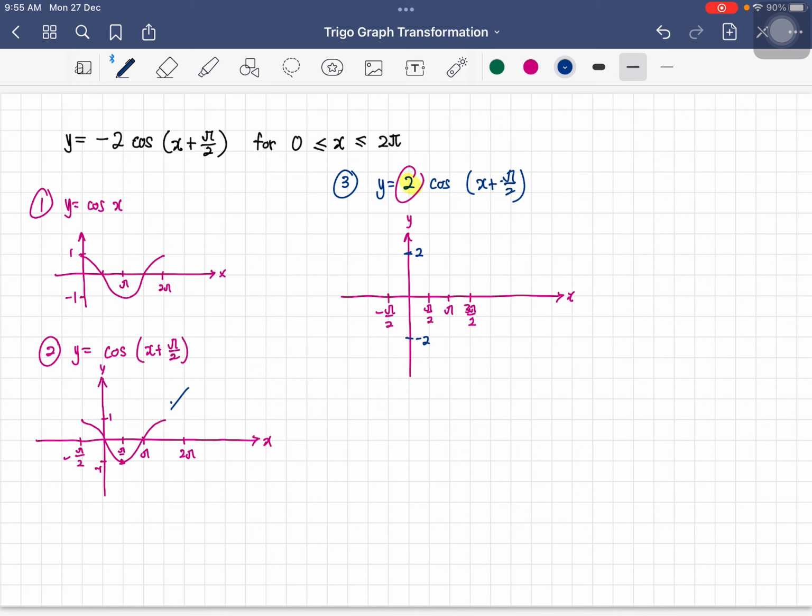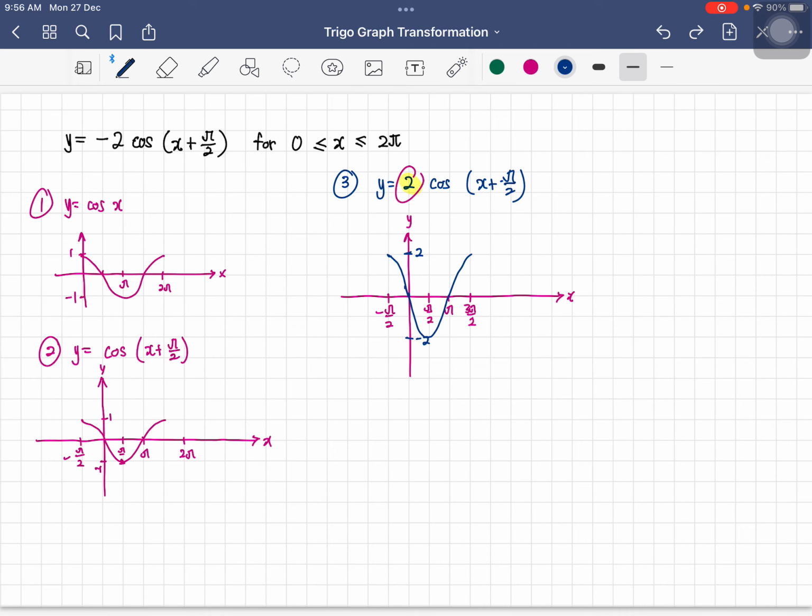The same shape as this one, but its amplitude is actually 2, so it will be something like this.